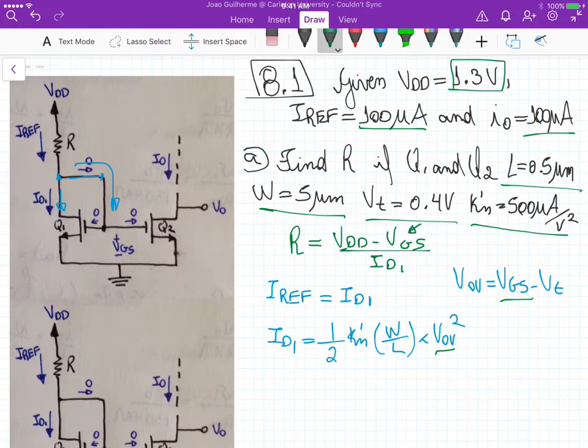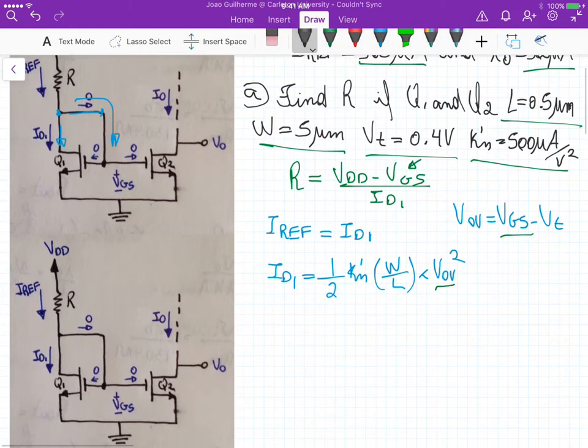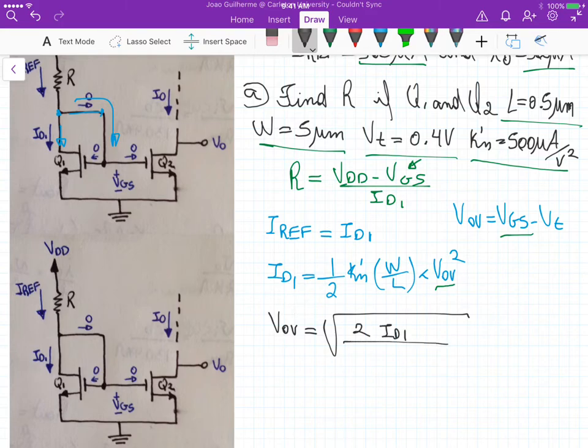To define R, if we isolate the overdrive voltage in this equation, the overdrive voltage is equal to the square root of 2 times ID1 divided by the process transconductance times the aspect ratio. So if we substitute the values in this equation, we get the overdrive voltage equal to the square root of 2 times ID1.